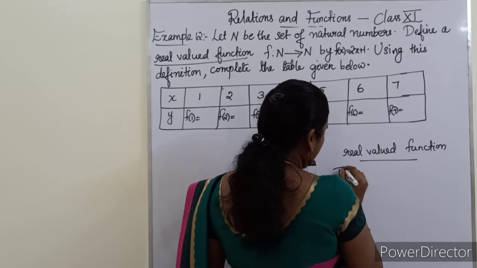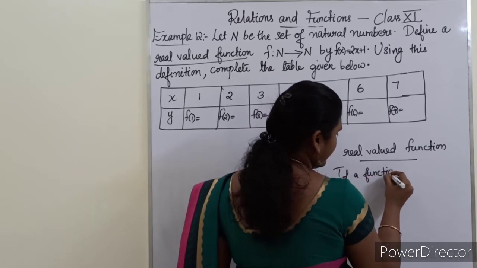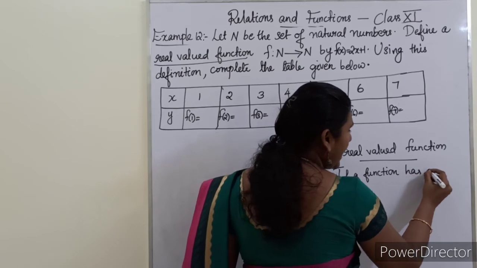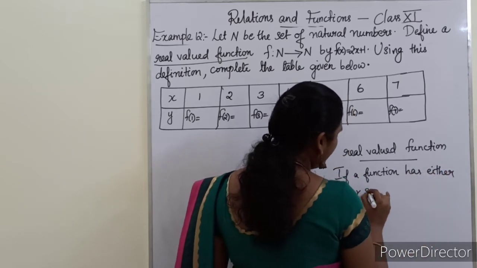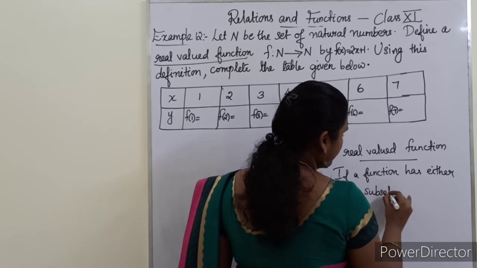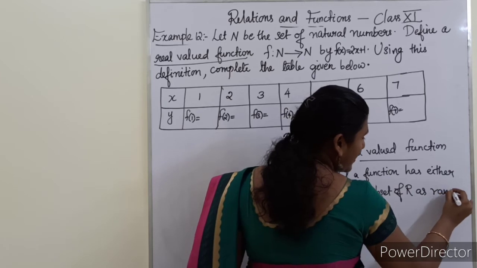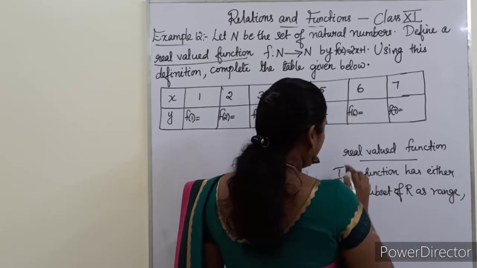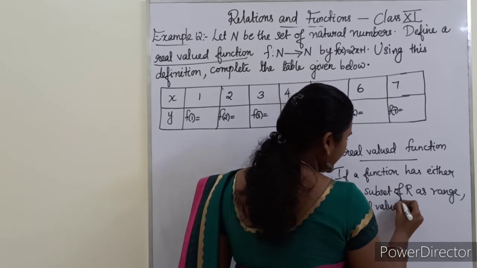If a function has either R or a subset of R as range, we can call it a real valued function. The definition is very simple.